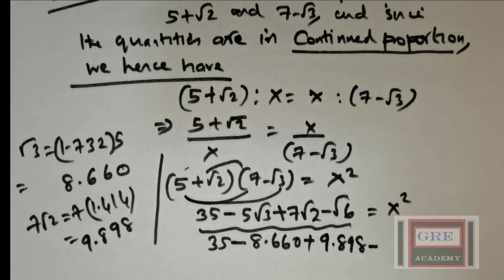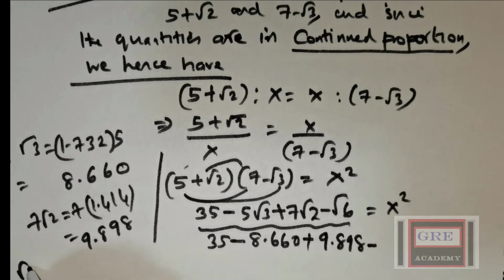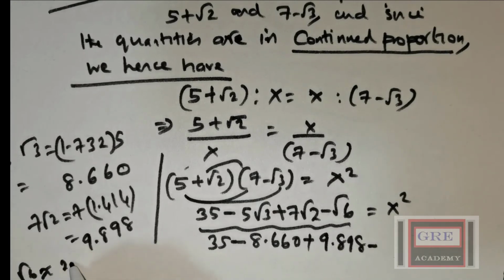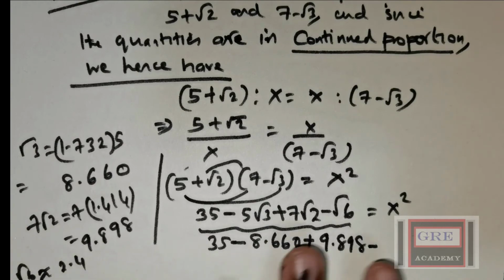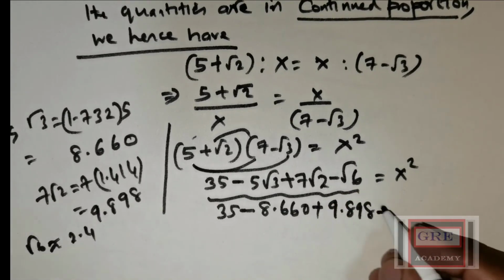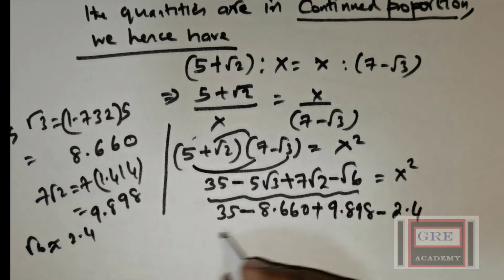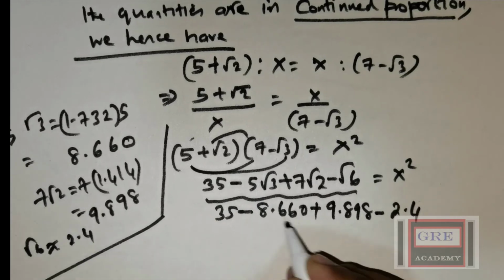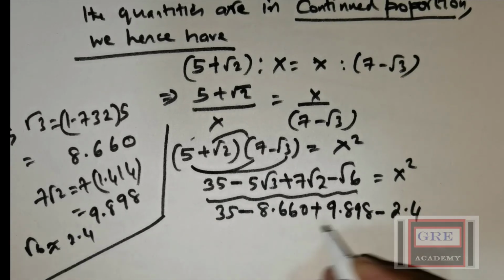Now √4 is 2 and √6 would be approximately 2.4. So if we take this value as 2.4, we have to subtract and add up these quantities.